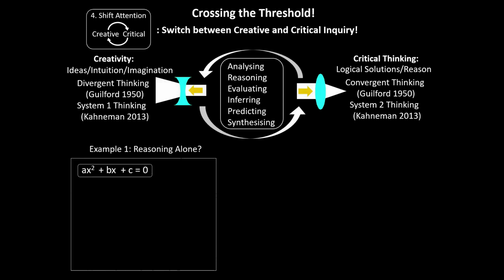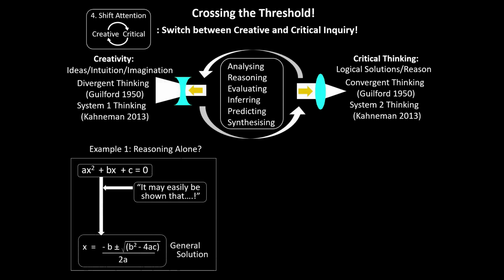And I'm using here the well-known general solution to the quadratic equation, something we learn at high school. Often in the textbooks, we get this phrase, "it may be easily shown that..." and we can arrive at the conclusion, which is the general solution, just by applying reason. Well, it's simply not the case.